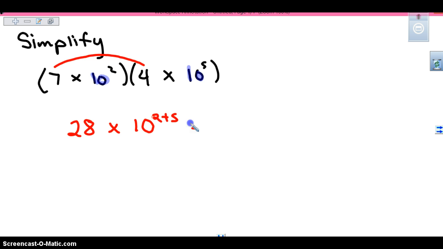This means 28 times 10 to the 7th power. But is this in correct scientific notation or not? No. What do we have to do? We have to move the decimal one space, and this becomes 2.8. We have to add 1 to the exponent, times 10 to the 8th power.